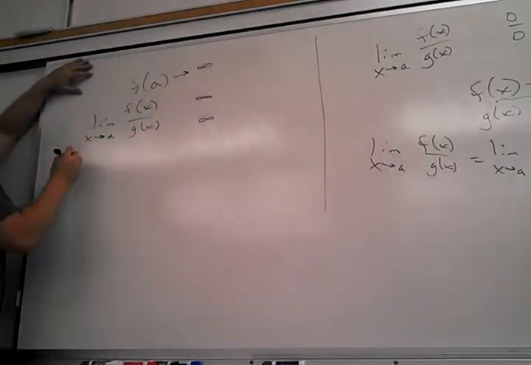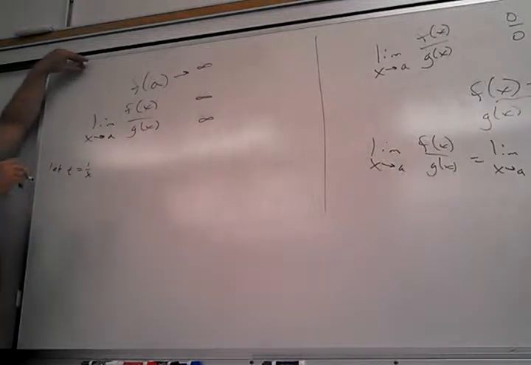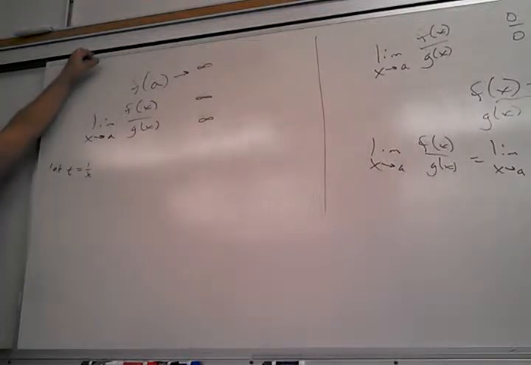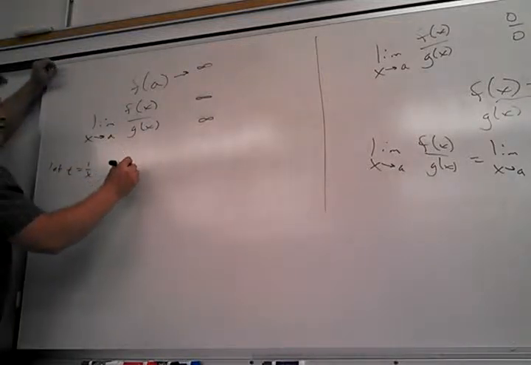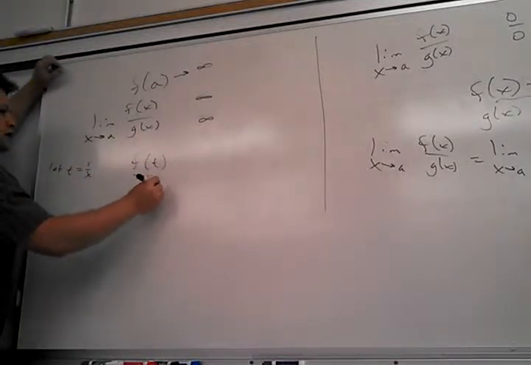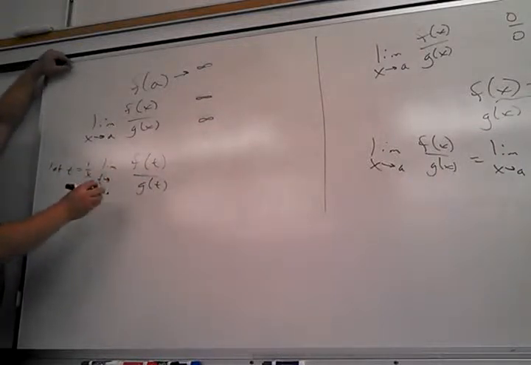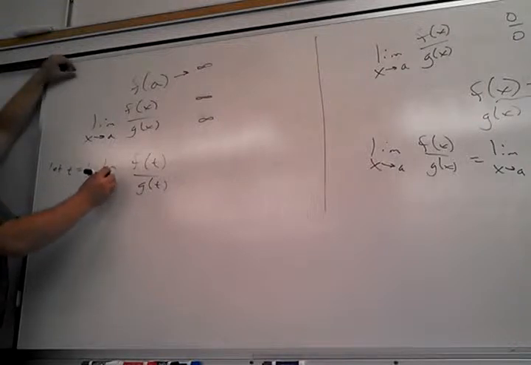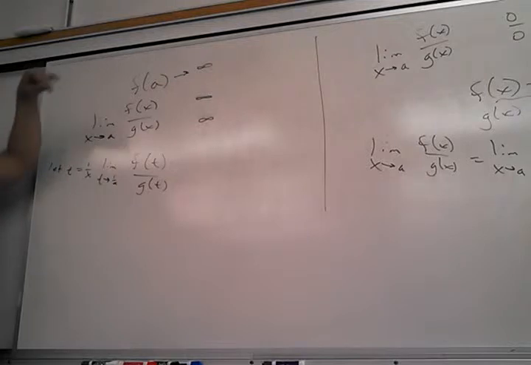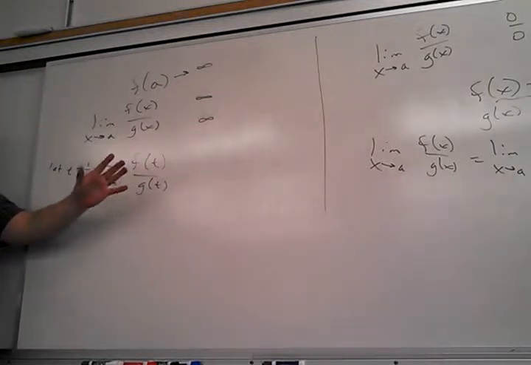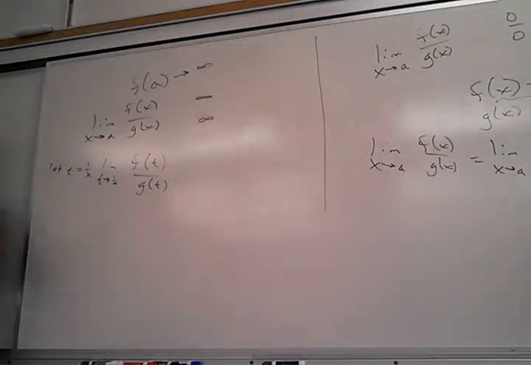So what if I said, let t equal 1 over x? Just because I want to. Then what would f of t over g of t do? What would this be? 1 over a, maybe? Sure, why not? What would happen here then? I don't know if you guys can see this. Maybe a specific example will help.